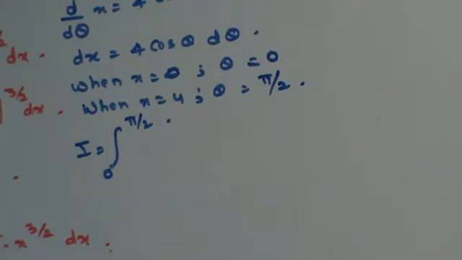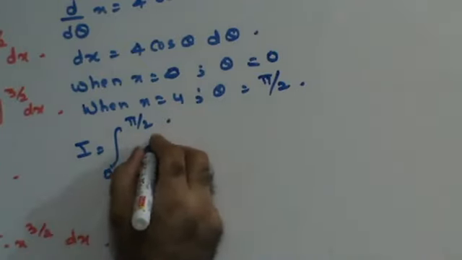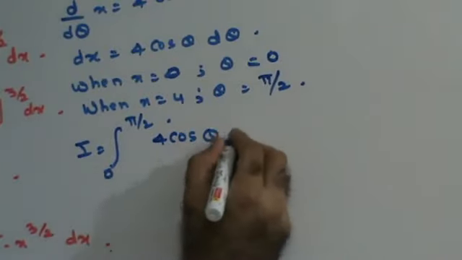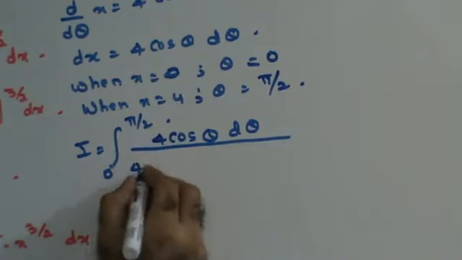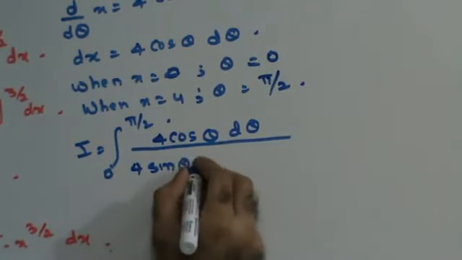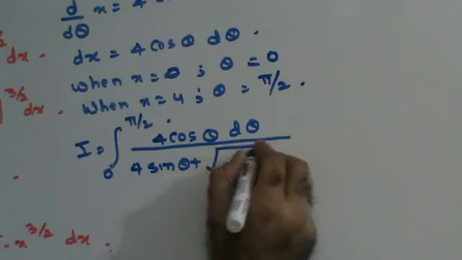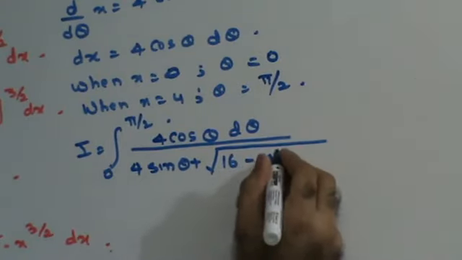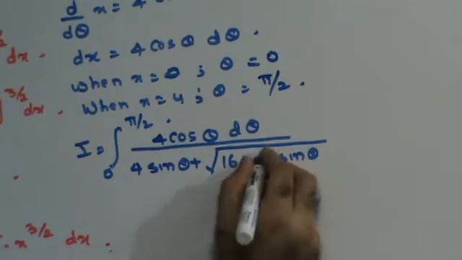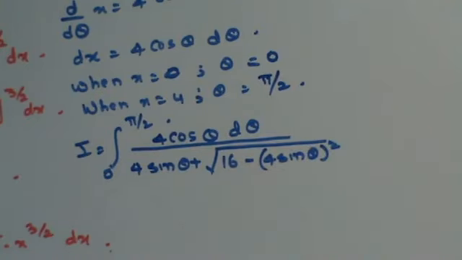I am substituting. Dx can be written as 4 cos theta d theta upon x, 4 sin theta, plus square root of 16 minus 4 sin theta the whole square, right?